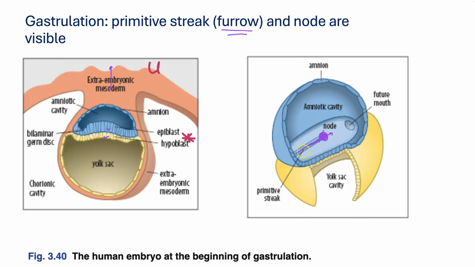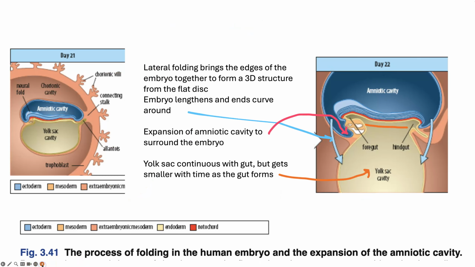The notochord is underneath, etc. So that, aside from the physical appearance of the primitive streak, it looks a lot like how it works in the mouse.